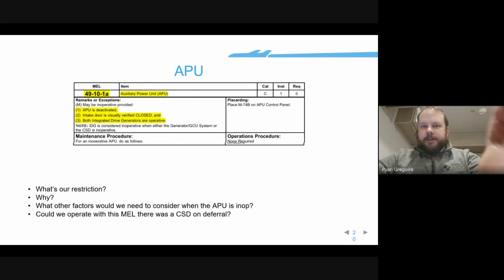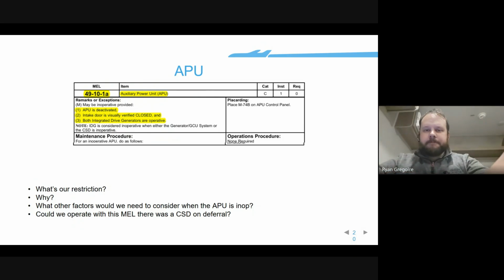But what other factors would we need to consider and provide for if we were dispatching an aircraft with an inoperative APU? Thinking about what the APU does for us, what it does for the aircraft.